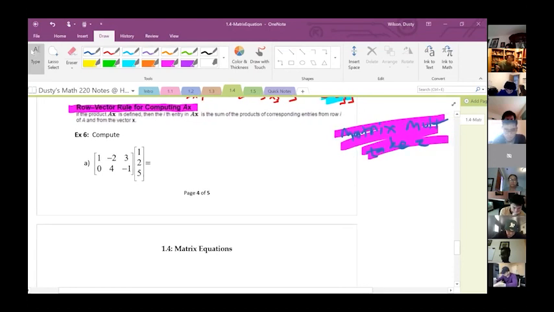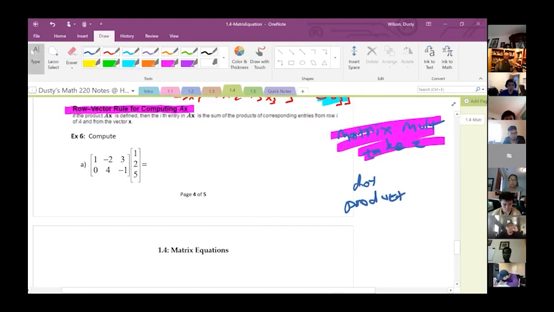In order to do this, think dot product. Remember your dot product from other classes, where you take the entries, multiply them by each other, and add up those products.